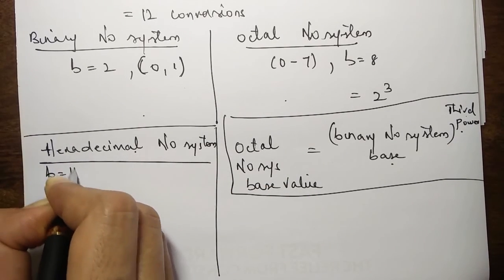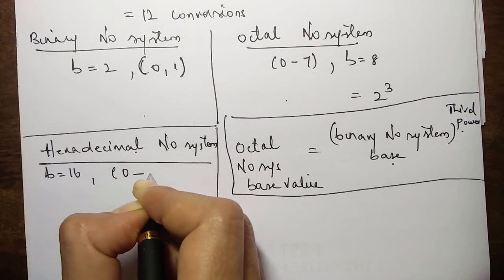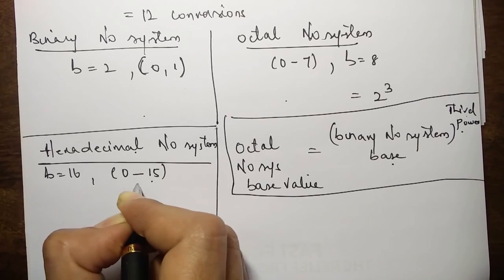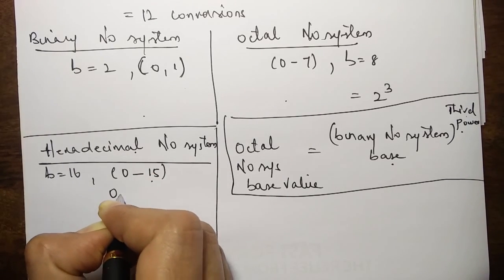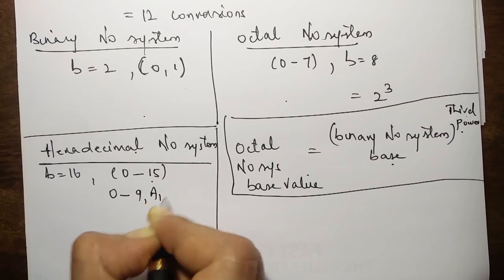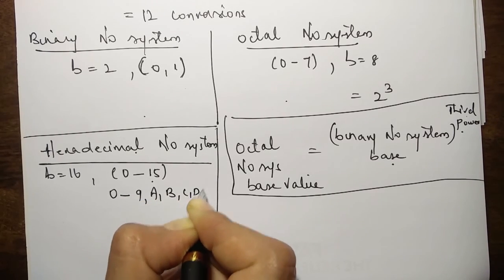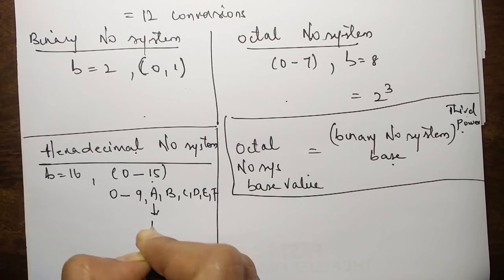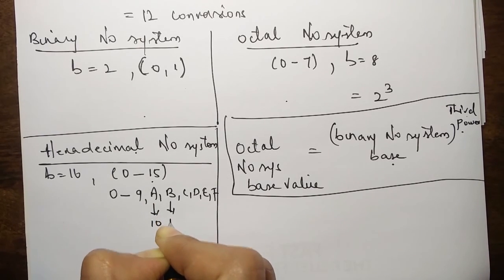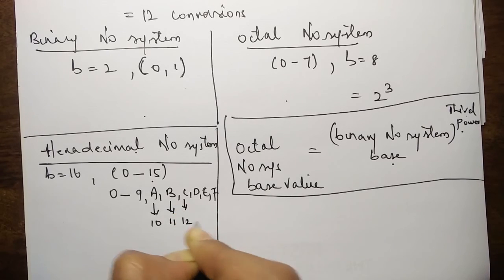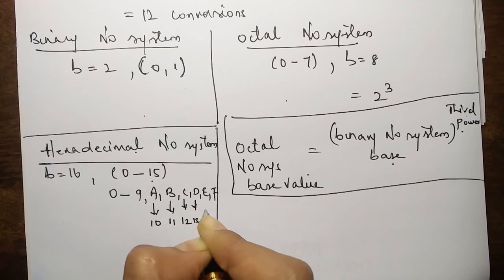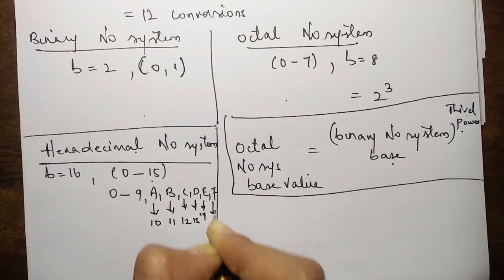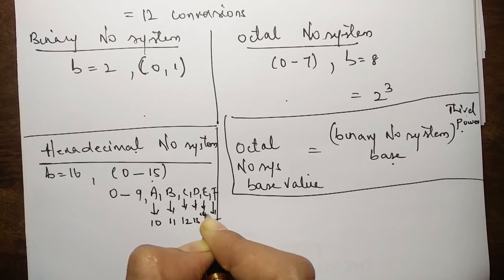Its base value is 16 and it takes values from 0 to 15, but you can't write 15. You write 0 to 9 again, then A, B, C, D, E, F. Here the value of A is 10, B is 11, C is 12, D is 13, E is 14 and F is 15.